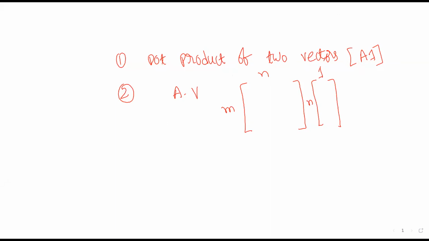So here, if you see, this is row 1, this is row 2, so on and so forth.